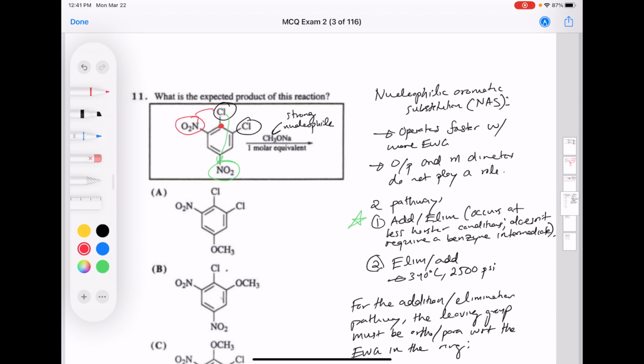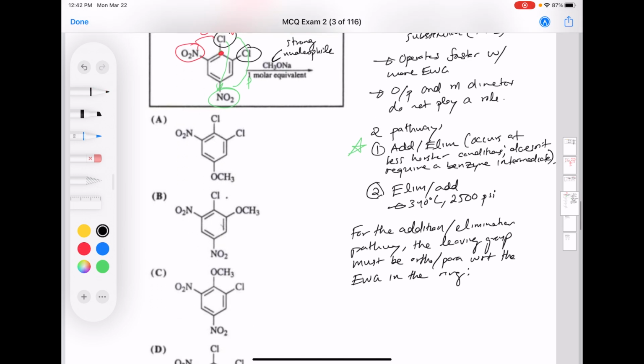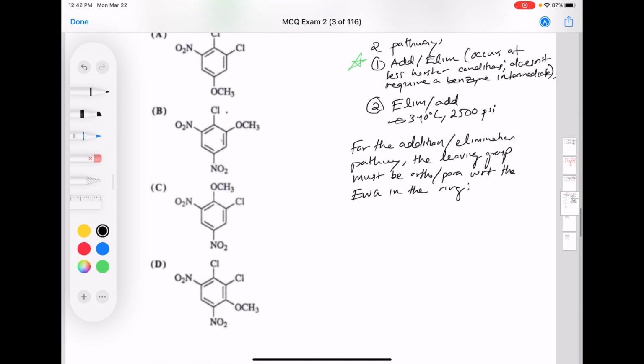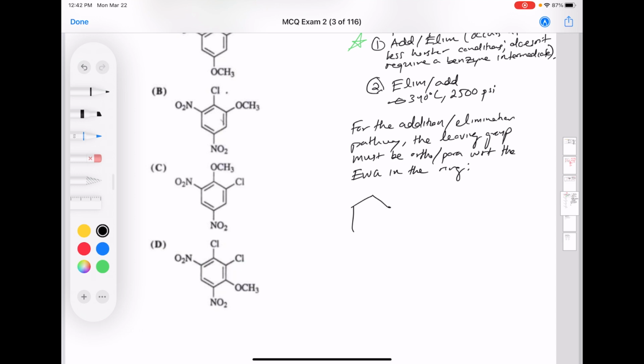Because here this one is ortho with respect to that chlorine, and this one is para with respect to that chlorine. So that tells us 110% for sure that this one is the correct leaving group. This is the one that will be substituted by the methoxy group. So when we actually do the reaction, we find the following. So I just wanted to give the rationale for why we're going to attack that specific chlorine before we actually dive into the mechanism.